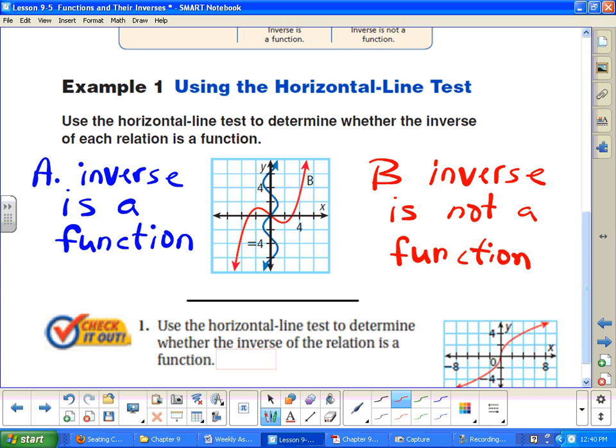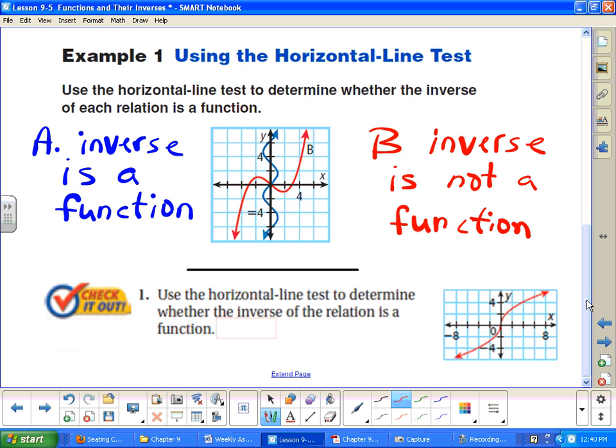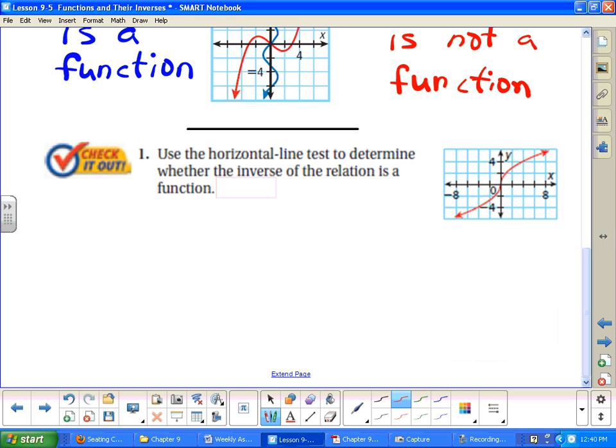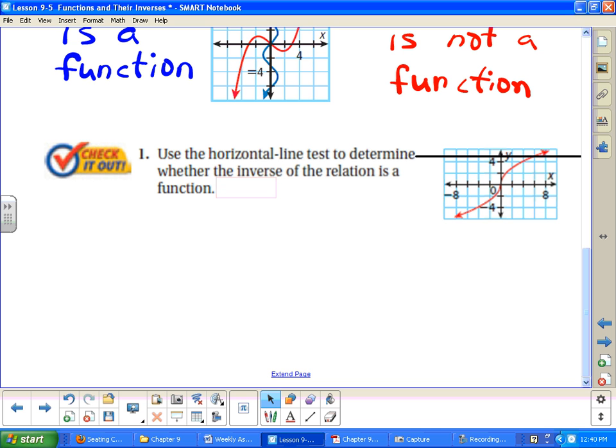So the horizontal line test just tells you whether the inverse is a function or not. Vertical line test told you whether a relation is a function. Right. Horizontal line test tells you whether the inverse is or not. So is this one a function or not, the inverse? Okay. All right, yes it is. Any vertical, horizontal line here is never going to intersect more than one point at a time, so the inverse of that would be a function.